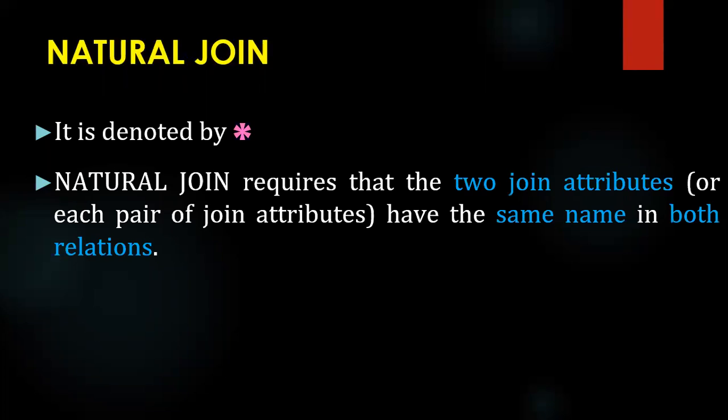It means if I want to apply natural join on employee and department tables, then both tables should contain a pair of attributes with the same name, with the same spelling also.